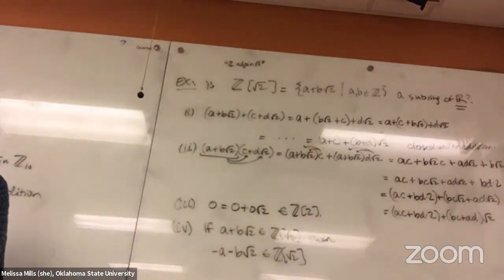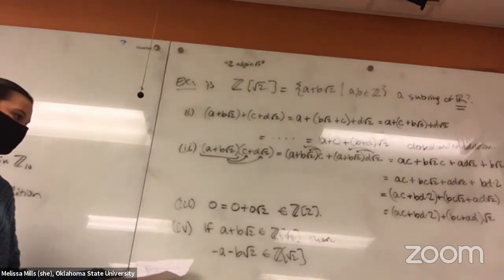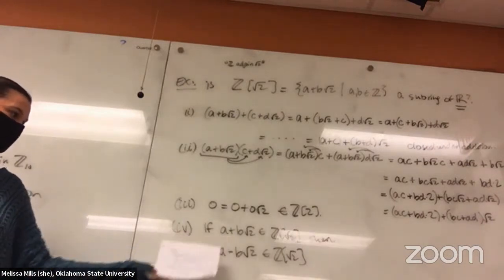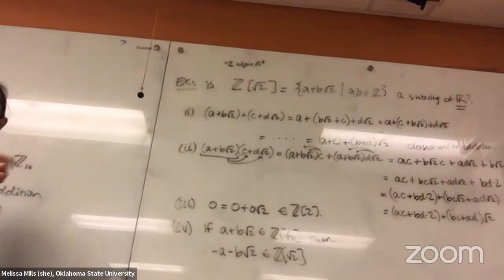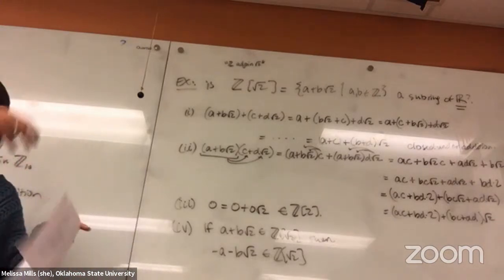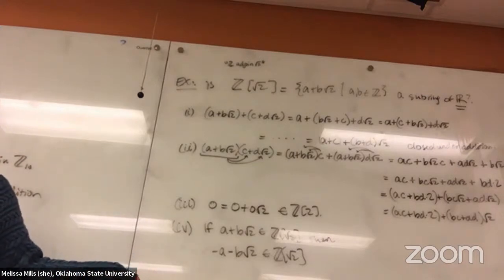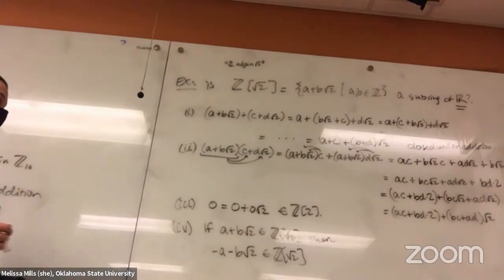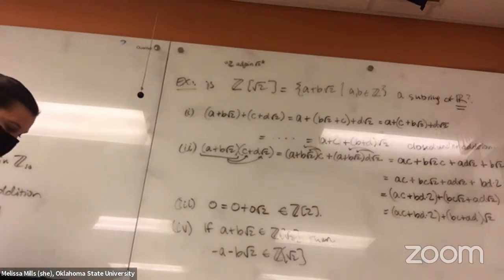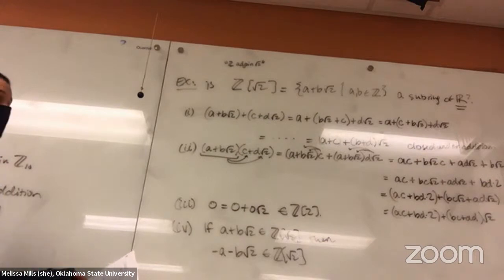We can show that by using all of our things. So we add that to that, and we move things around using commutativity, and we do associativity and the distributive property backwards, and so on. We get 0. Okay? All right. So is it a subring? Yeah, it's a subring.